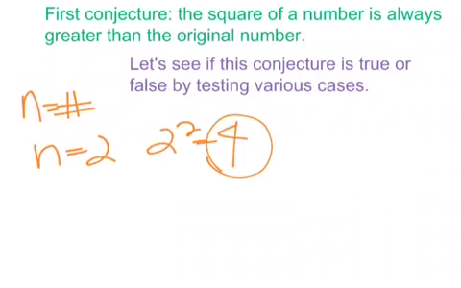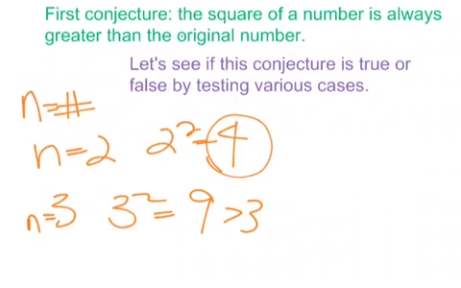All right. Let's do a number greater than 1. Let's do n equals 3, and then 3 squared. So in this case, 9 is greater than 3. All right.